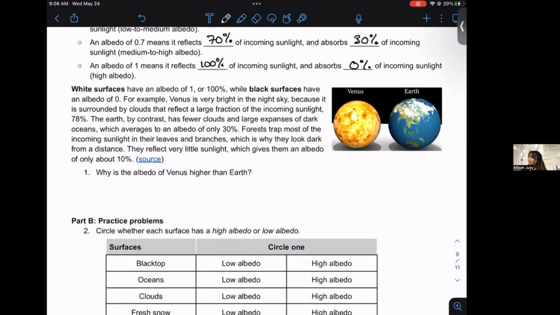It has more clouds, and clouds have higher albedo, which means greater reflection, which means more cooling effect.